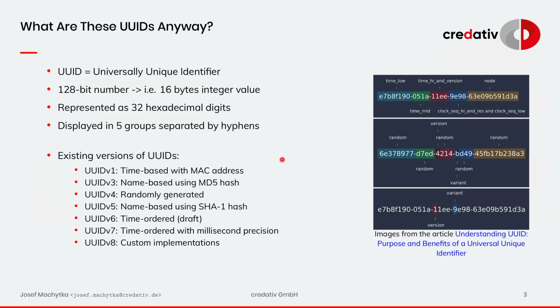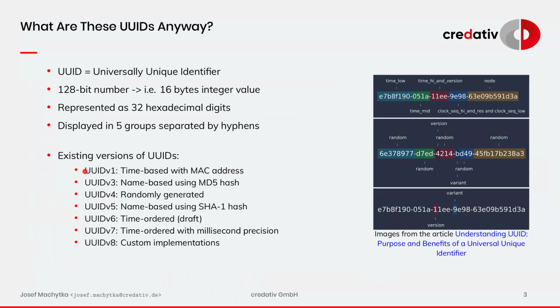There are several versions of UUIDs. We usually hear about UUID version 4, which are completely randomly generated, and now there are many articles about UUID version 7, which are time-ordered with millisecond precision. But there have also been other versions of UUIDs, and some of them are still actively used.